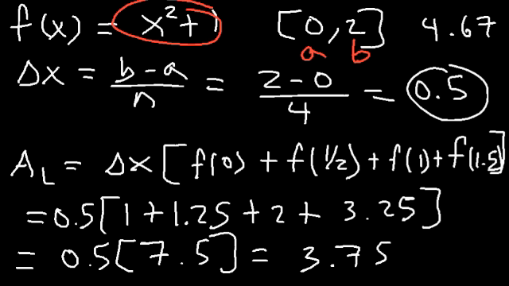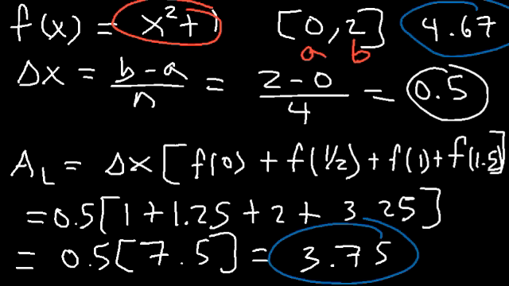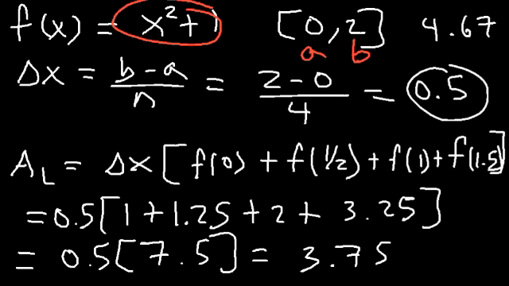Notice that the answer is not very close to the actual answer. And that's because we have a small number of rectangles, and it's 4. If I were to increase n to 8, for example, this answer would be more accurate. It would be closer to the true answer of 4.67. But notice that it's less than 4.67.